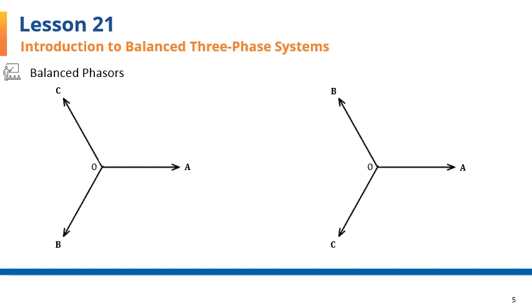Besides the naming difference, the substantive difference between these two sets is that in the set on the left, phasor B lags phasor A, and phasor C lags phasor B, and phasor A lags phasor C, all by 120 degrees, one from the other.